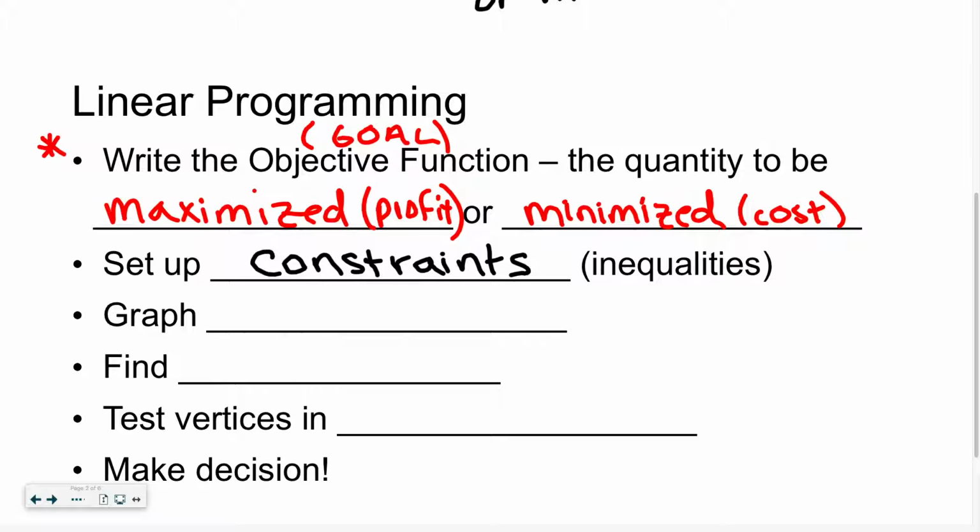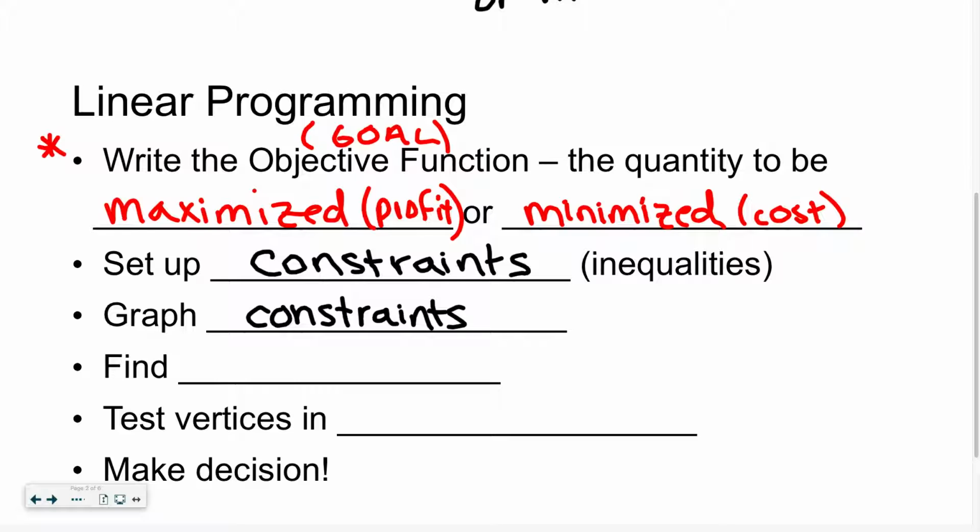After you set up the constraints, you're going to graph the constraints. When you're graphing constraints, that's when you think about solid or dashed, shade above or below. Okay, you're finding what we sometimes call the feasible region. So it's where all the solutions are. These are all the points that could work.